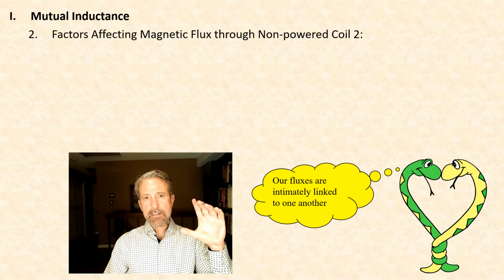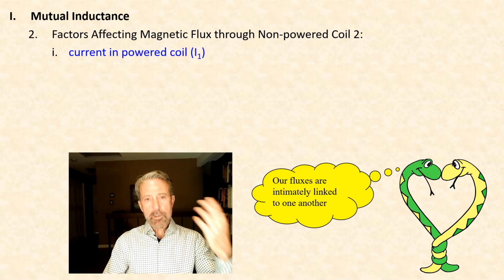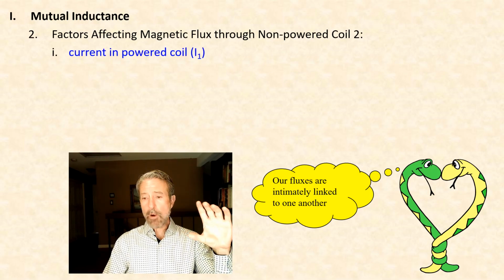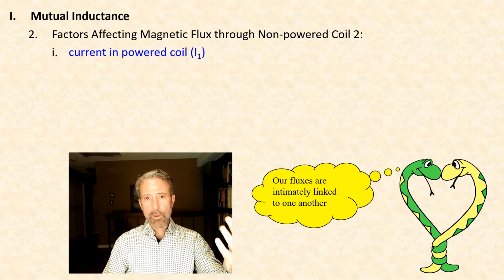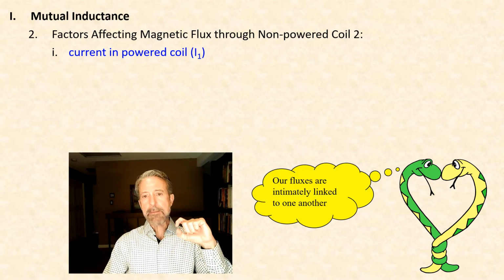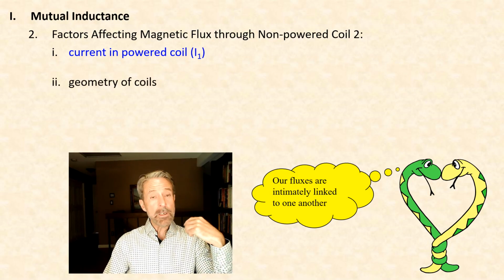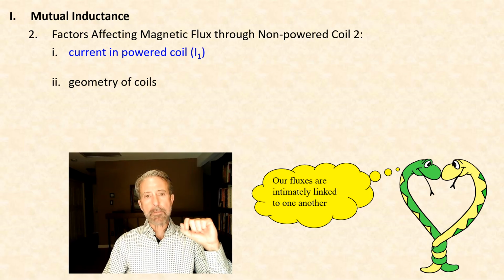So what sort of factors will affect the magnetic flux through the non-powered coil? Certainly the amount of current in the powered coil will affect the strength of the magnetic field in the powered coil, which will ultimately affect the magnetic flux through the non-powered coil. The geometry of the coils also matters.